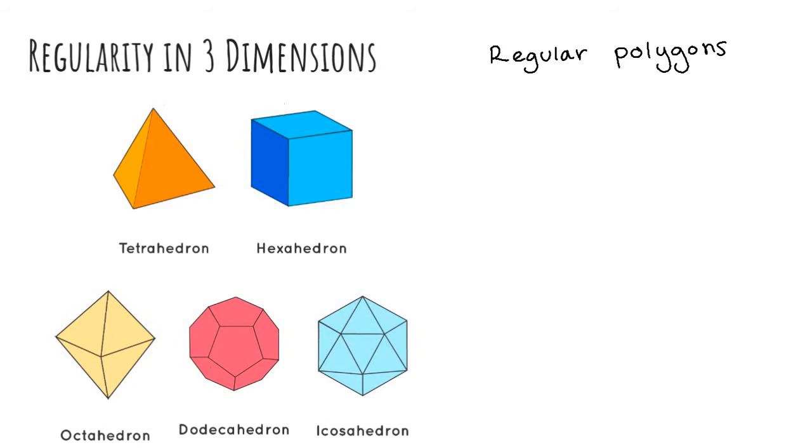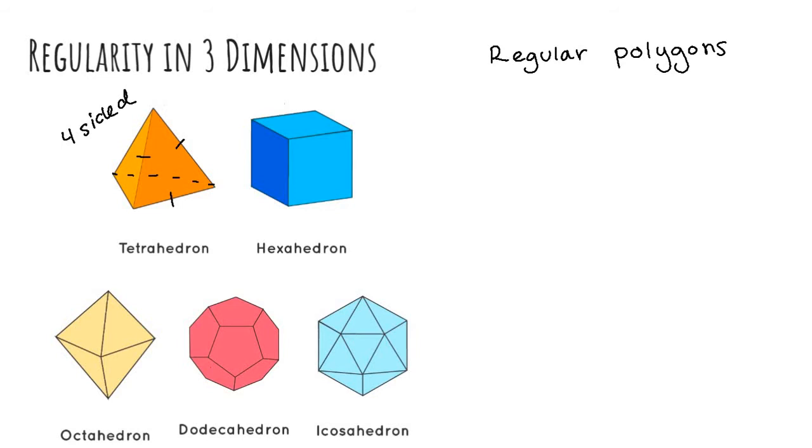So for example, here we have the tetrahedron. If we sketch in the lines we can't see, a little dotted line here, we can see that the tetrahedron is a 4-sided figure composed of sides that are all equiangular, equilateral, or regular triangles.